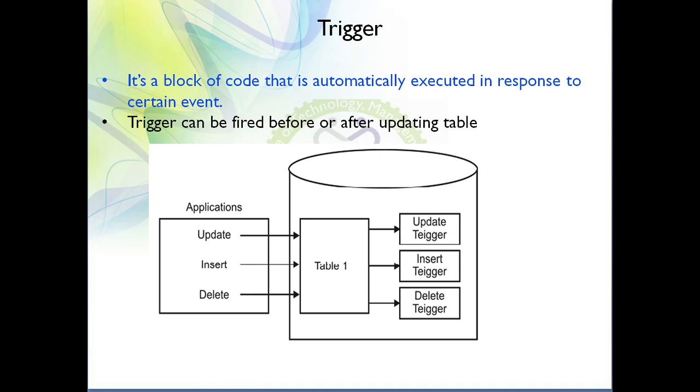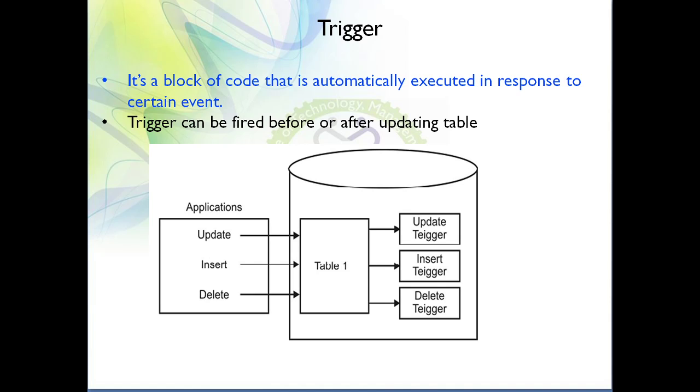Whenever you try to perform an insert operation on the table, at that time trigger can be generated. Whenever you try to perform an update operation on the table, at that time also trigger can be generated. Whenever you try to perform a delete operation on the table, then trigger can be generated. So for these three particular operations, insert, update and delete, trigger can be generated.